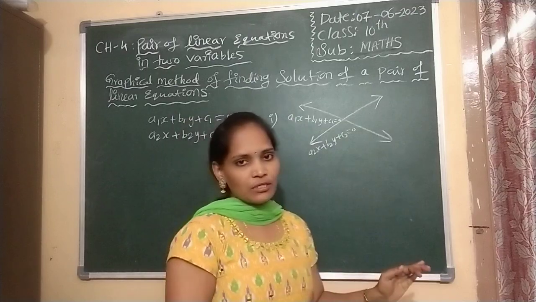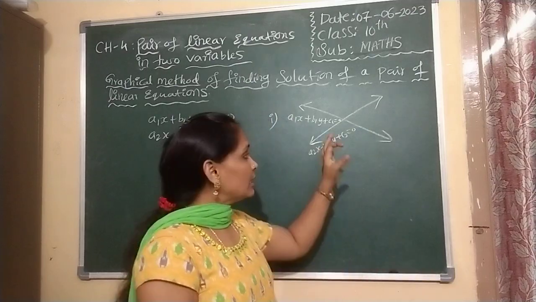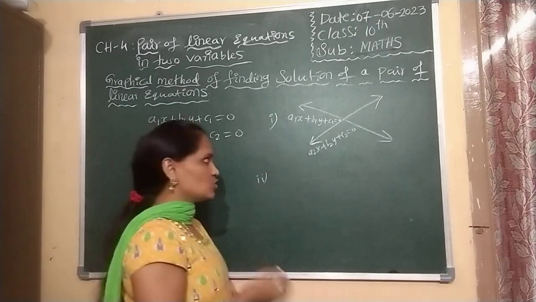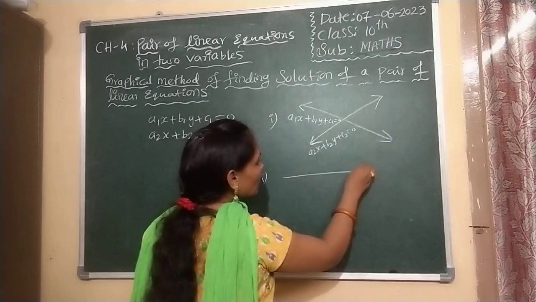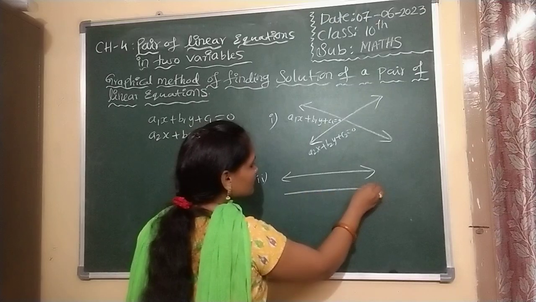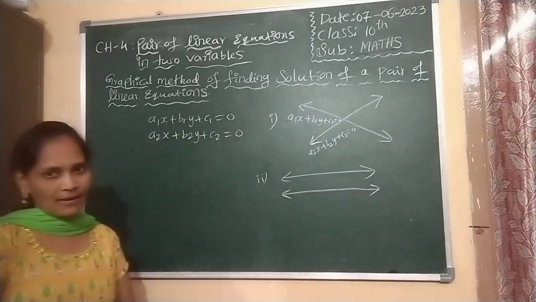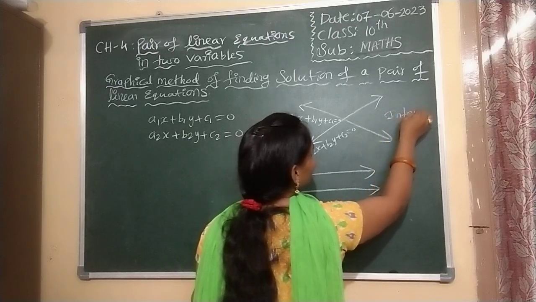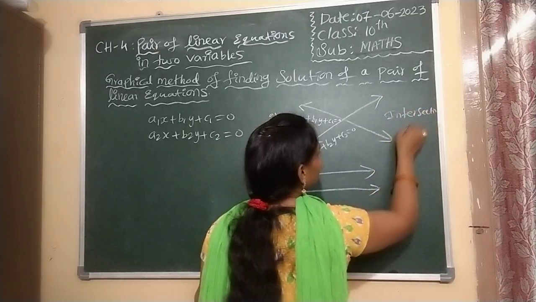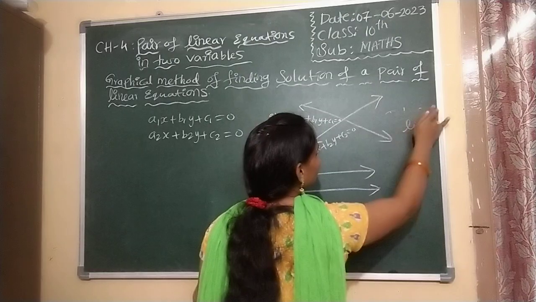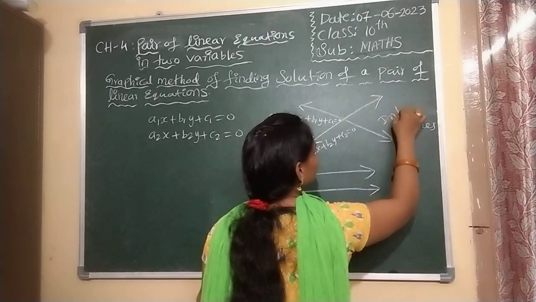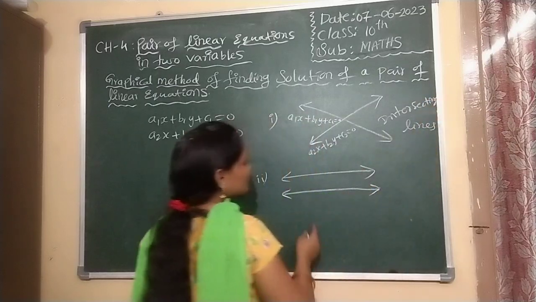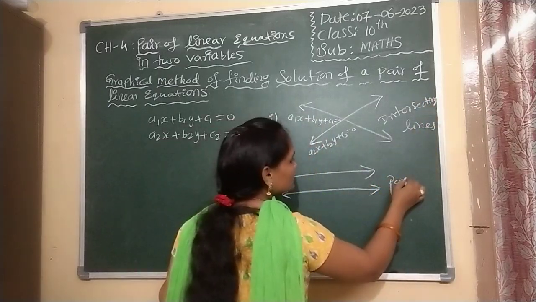It is possible when the two linear equations are in the same plane. One more possible situation is that they may be parallel lines. These are intersecting lines. These may be parallel lines.